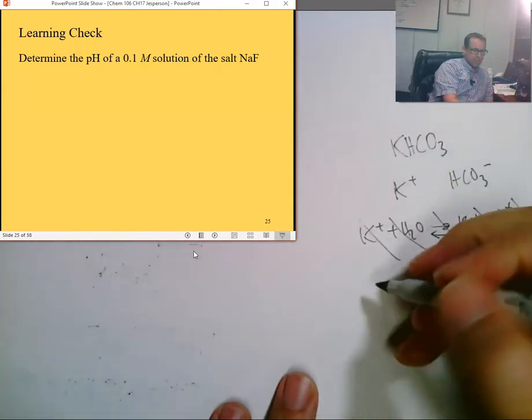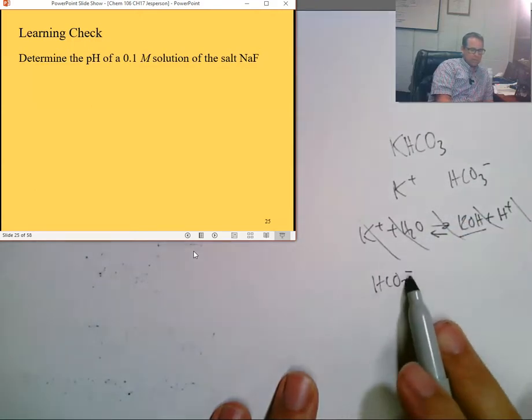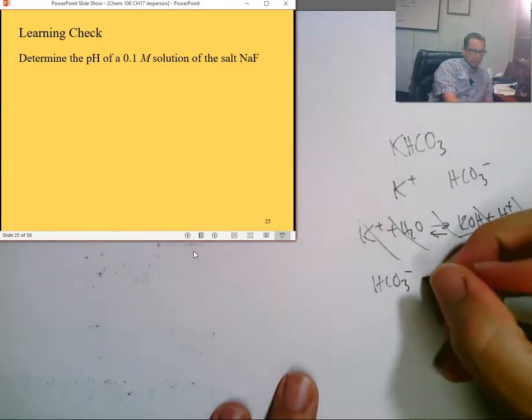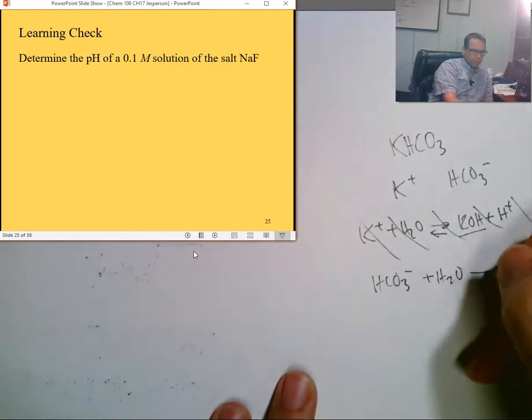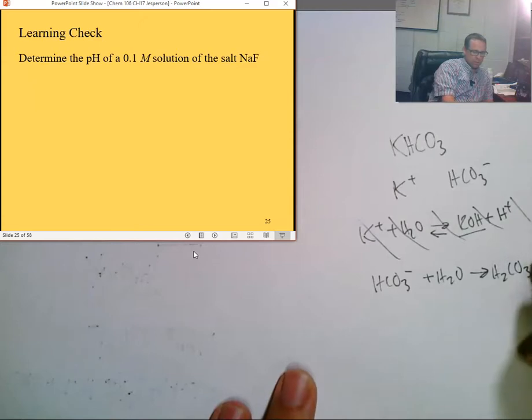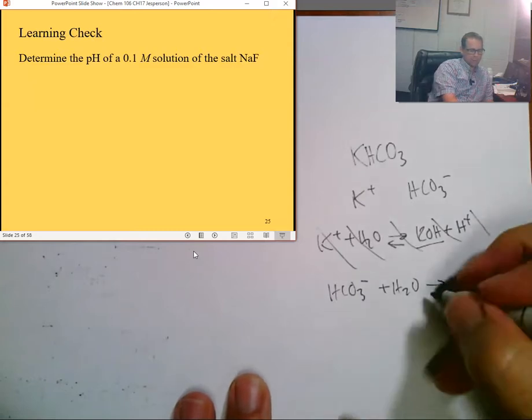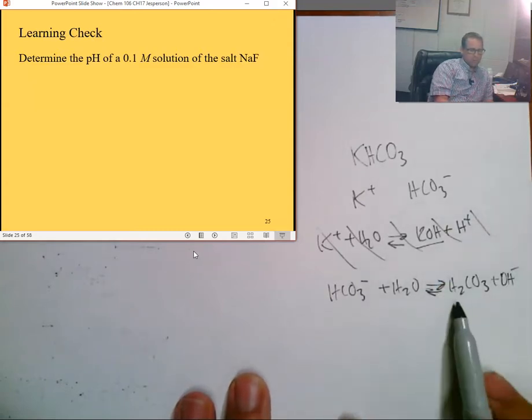HCO3-, negative charge there, is that going to pull a proton off of water? I can draw the product H2CO3 and hydroxide ion. All right. Take a look at this for a second. Oh, H2CO3.